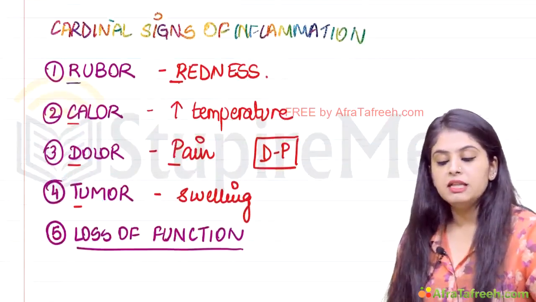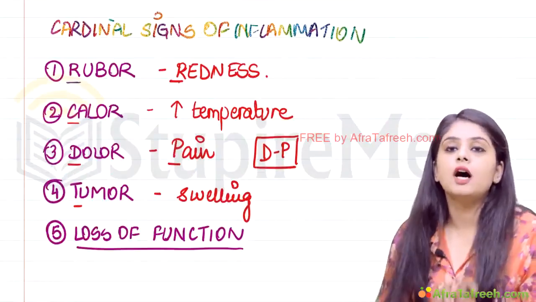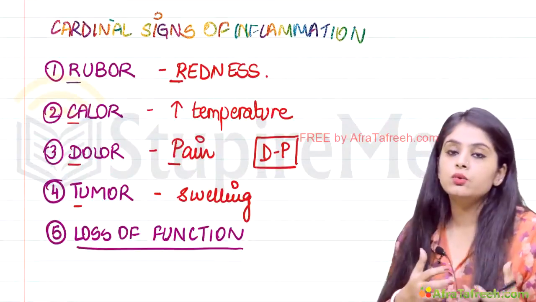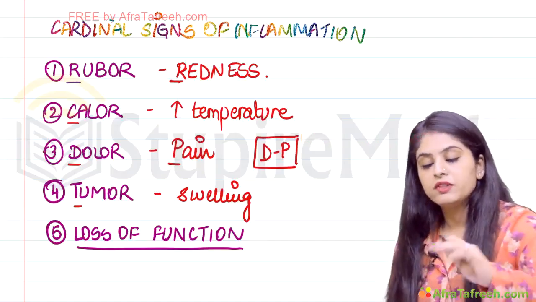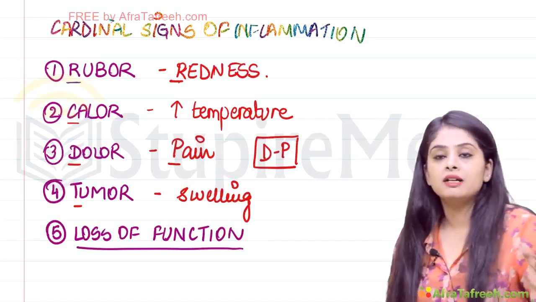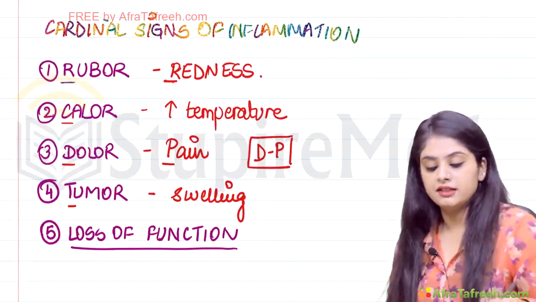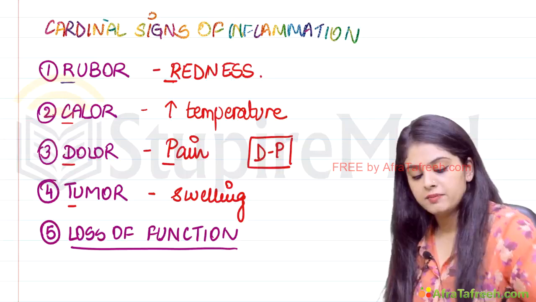So students, the meaning of these 5 cardinal signs was for our understanding and for our concept. What we need to do now is focus on the historical aspect. Let's go back in time. We need to know who gave us these cardinal signs. So how are we going to divide them?